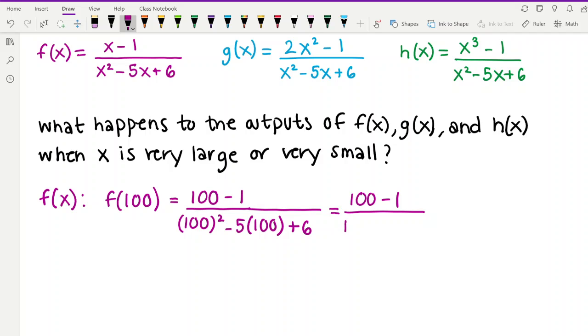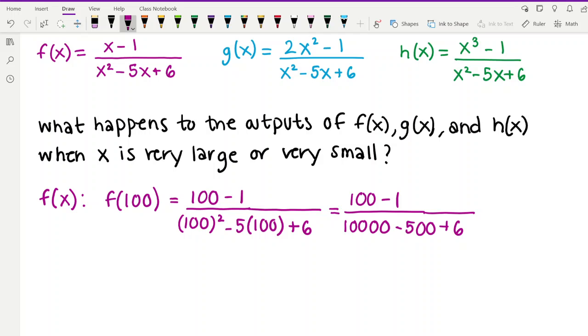So 100 squared would be 10,000, right? When you take a number like 10 or 100 or 1,000 and raise it to a power, that multiplies your number of zeros. So 100 times 100 would have 4 zeros. And then we have minus 500 plus 6.